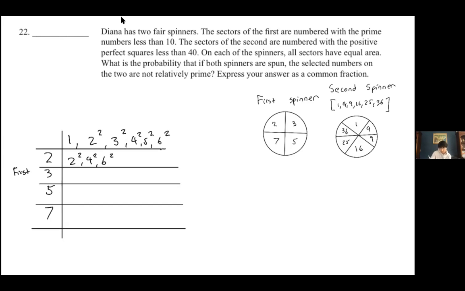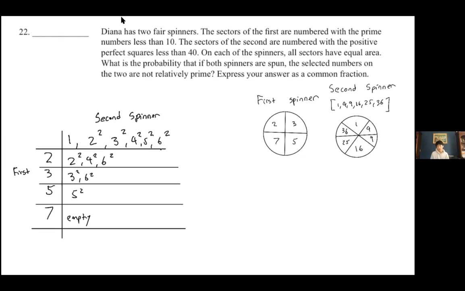With 3, the only numbers from the second spinner that aren't relatively prime to 3 are 3 squared and 6 squared. For 5, it's only 5 squared, and for 7, this is empty.